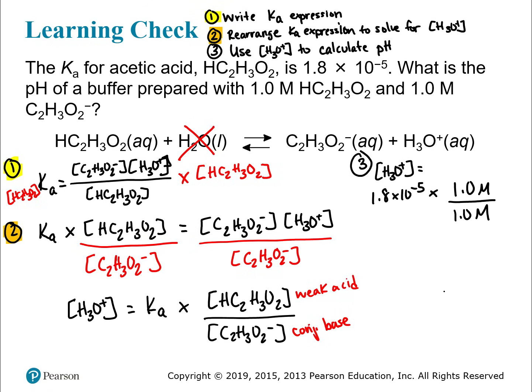When you do that math, you should get 1.8 times 10 to the minus 5 molar. 1 over 1 is 1, right? Then you want to substitute that back into your equation for pH.